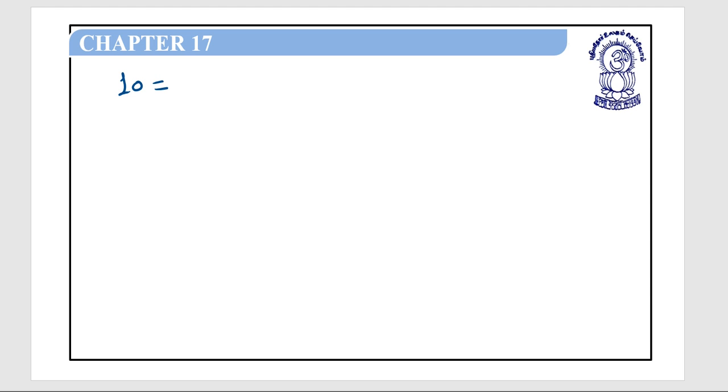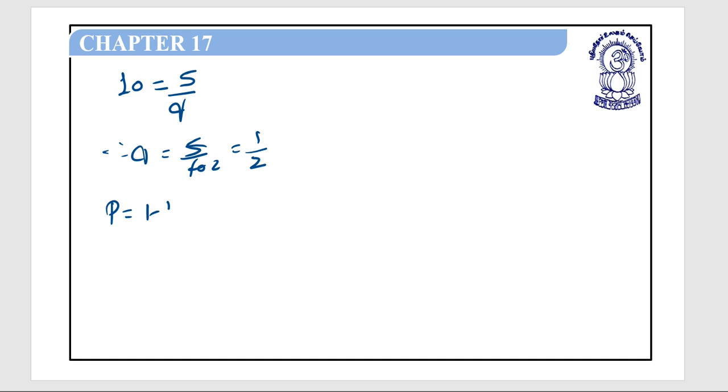Ten is equal to np is equal to 5q. So q is equal to 5 by 10. 5 twos are 10, is equal to 1 by 2. Q is equal to 1 by 2.